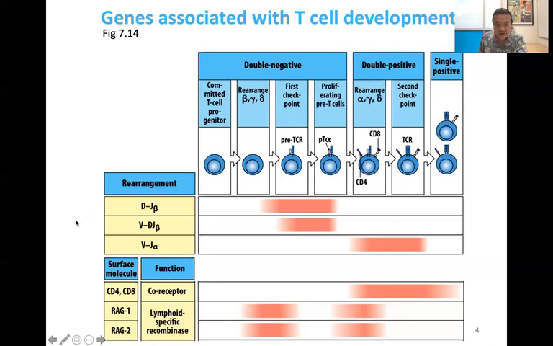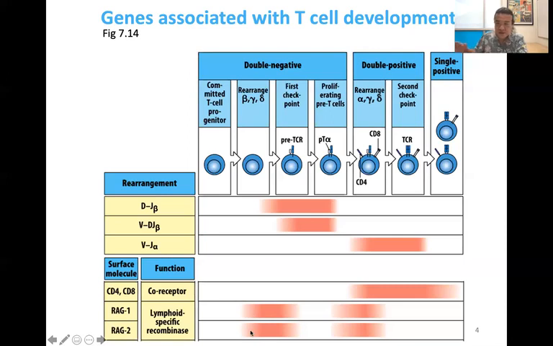And then down here, the table reminds you about what's going on inside as far as VDJ recombination and the presence of different proteins, right? So as the double negative thymocyte begins to rearrange its beta, gamma, and delta chains, what you see are the RAG proteins, the various proteins that make up the RAG oven mitt complexes, right?